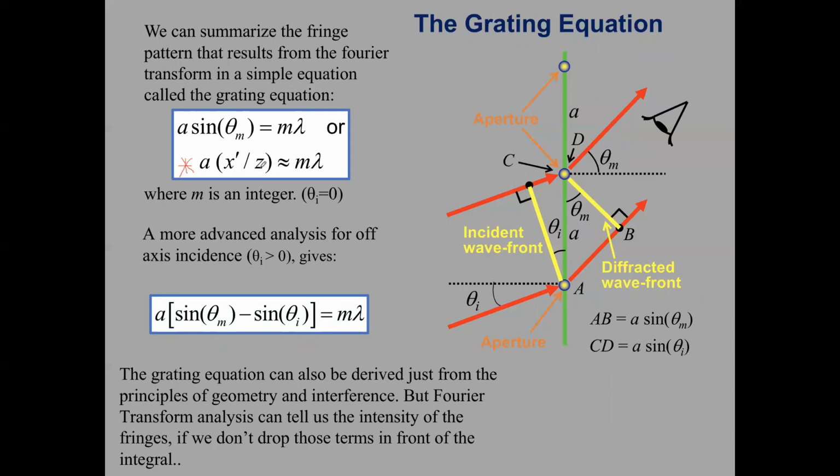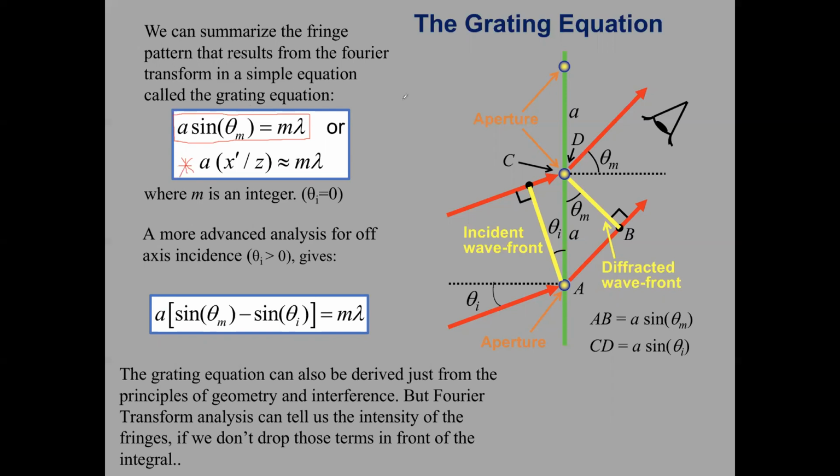Making use of the small angle approximation, we can generalize to larger angles as we move out to the larger order fringes, and get what we call the grating equation, the equation to predict where all these bright fringes are. The space between the slits a times the sine of the angle of the bright peak you're looking for is equal to an integer number m times the wavelength of the light.